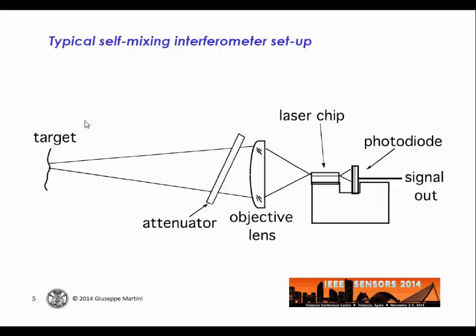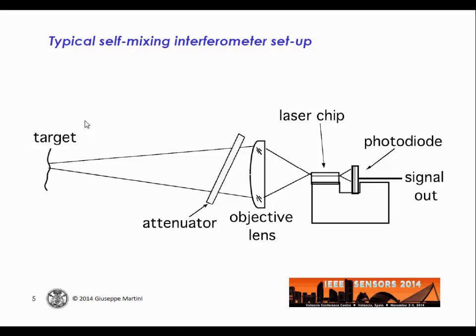What is it? Okay, this is a typical self-mixing interferometry setup. We have the source here, some optics. Often an objective is used to focus onto your target. An attenuator is usually needed to choose the right value of the C factor.